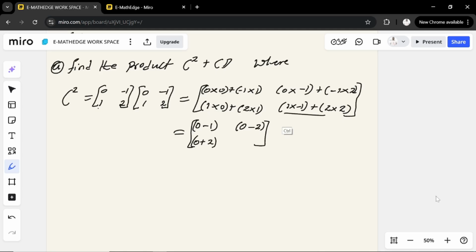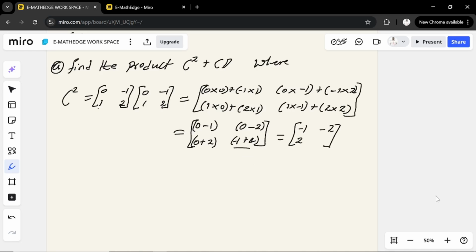And for this, we are going to have -1 multiplying 1 is going to give us -1, plus 2 multiplying 2 is going to give us 4. And to simplify further, 0 minus 1, we are going to have it to be -1. 0 minus 2, we are going to have it to be -2. 0 plus 2, we are going to have it to be 2.